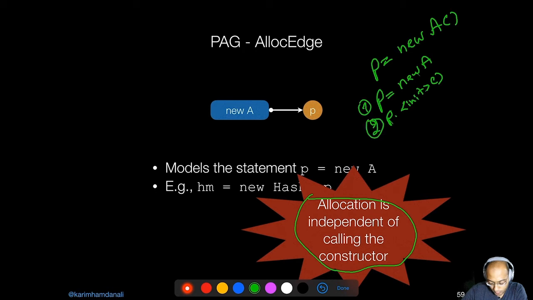So two statements will happen. First, you allocate the object, and second, you call the constructor of that object, so that you can populate its fields and so on.